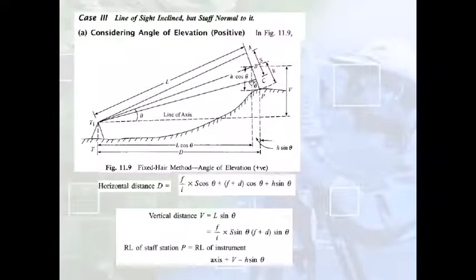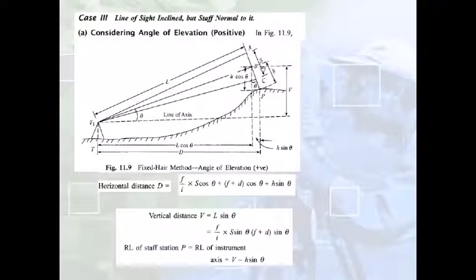This is theta, and this distance is h, which is the staff intercept foresight, the distance between the 0 point and the middle hair reading. So this is h. Now if you see this smaller triangle, this is the angle theta, this angle is 90. So this can become the perpendicular, this can become the base, and this is the hypotenuse.